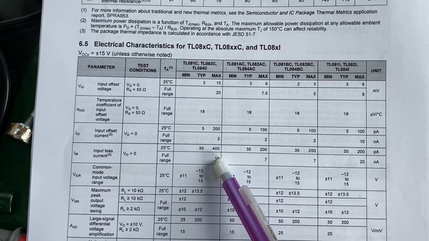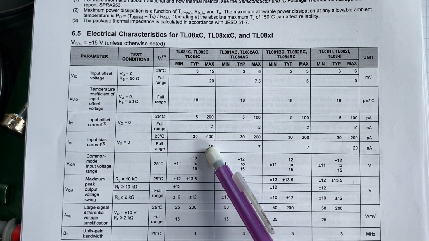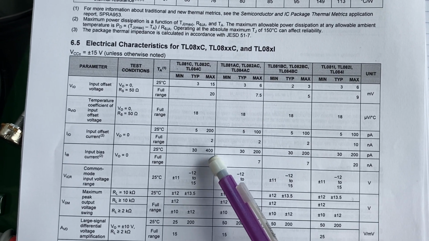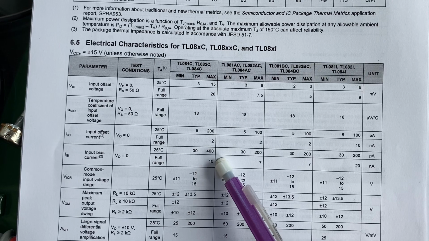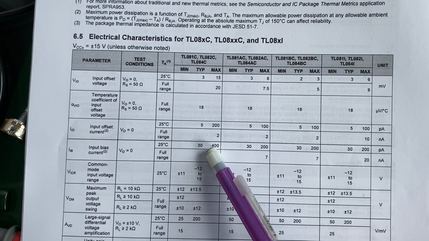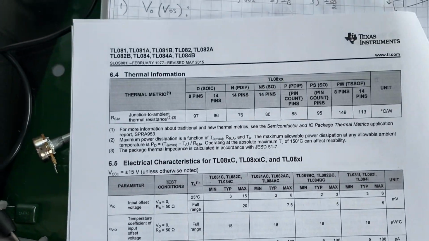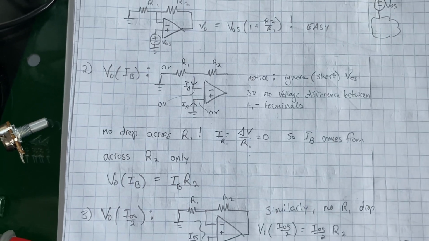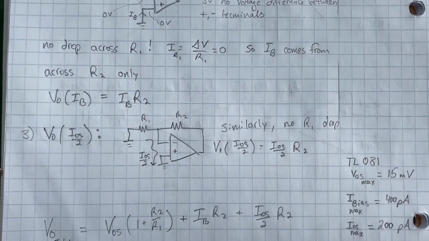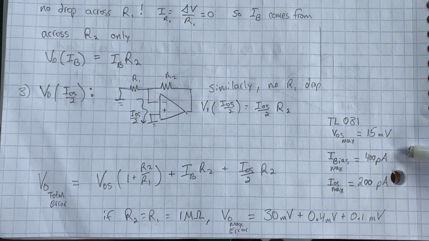And for these, the max is 10 nanoamps, so 10 to the minus 9th for the full range, but in general, you'll have much less than that, 400 picoamps for the bias current, and the offset current is 200 picoamps. And that's because this is actually a JFET op-amp, so it draws much less current than these BJT ones I've drawn here. And yeah, I just wrote down the values here.